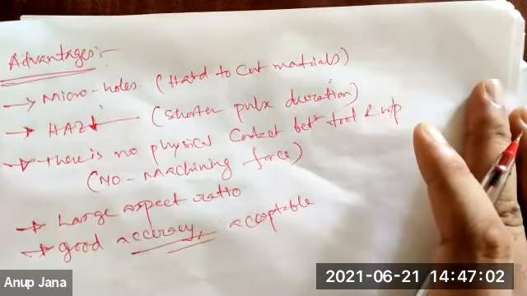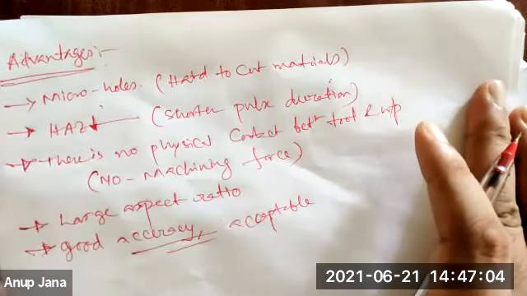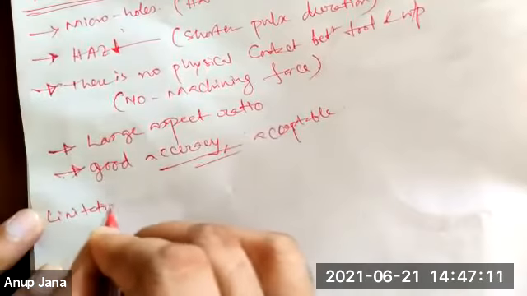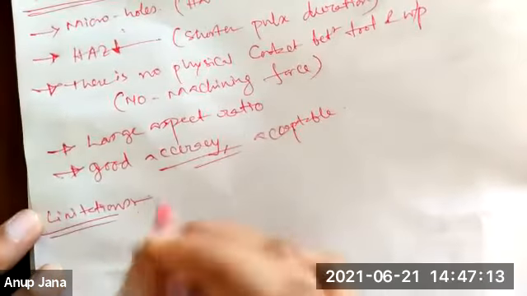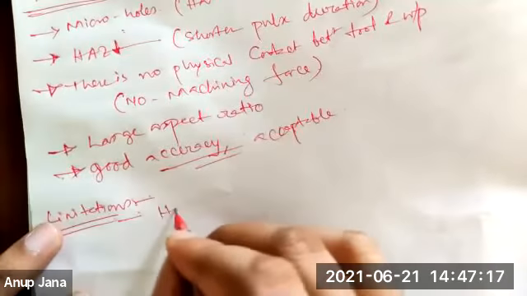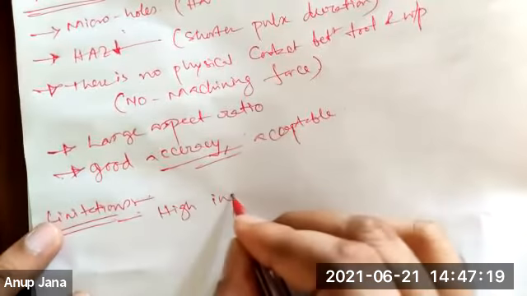Now, next is limitations. LBM doesn't have only advantages, it has some limitations too. What are those? Number one is high initial capital cost.